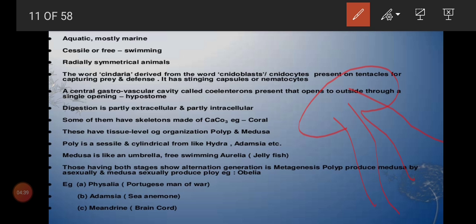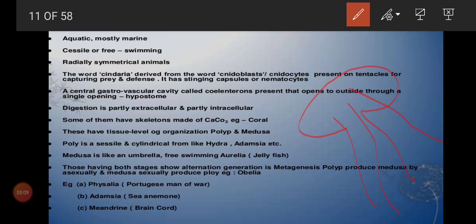Now read the fourth point. The word Cnidaria is derived from the word cnidoblast or cnidocytes, present on tentacles for capturing prey, or to escape from predators, acting as a defense mechanism. These tentacles release some bad, stinky smell, because it has stinging capsules, and the smell irritates the predators so they move away from the Coelentrata group.